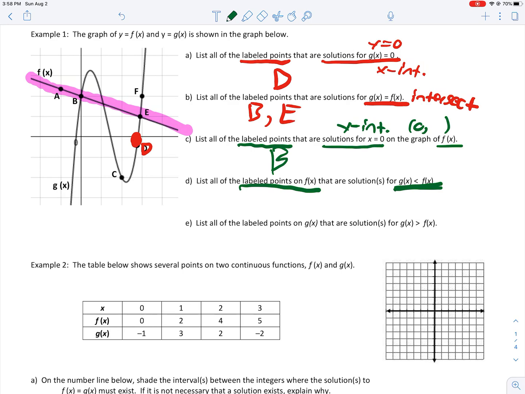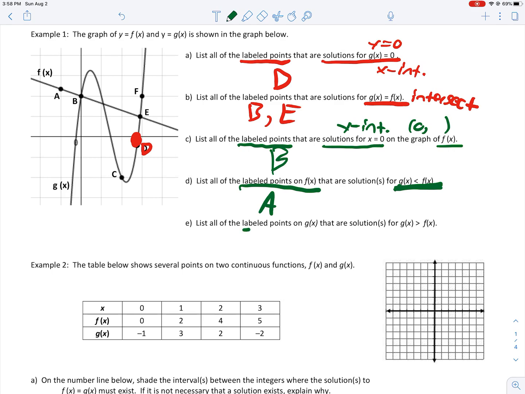That's what it's asking me. At B and E, it's equal to it. At A, the curve is way down here, right? So A would be my answer, because at point A the curve is below the line. So that means it's a less than.